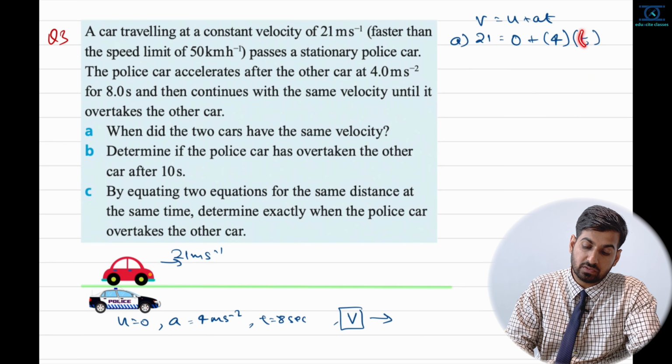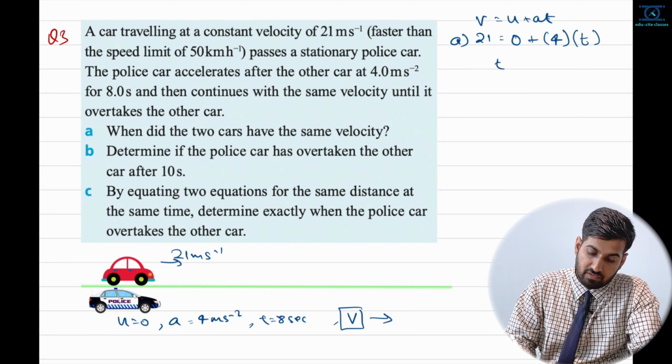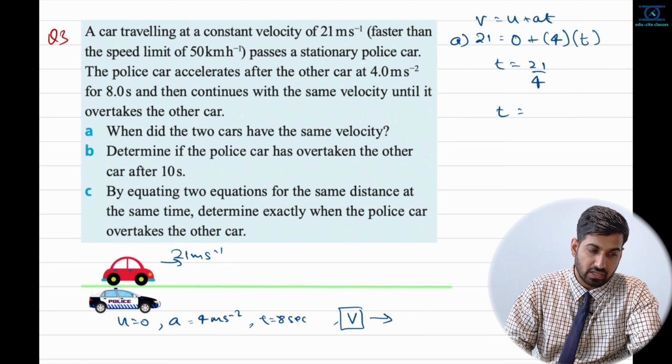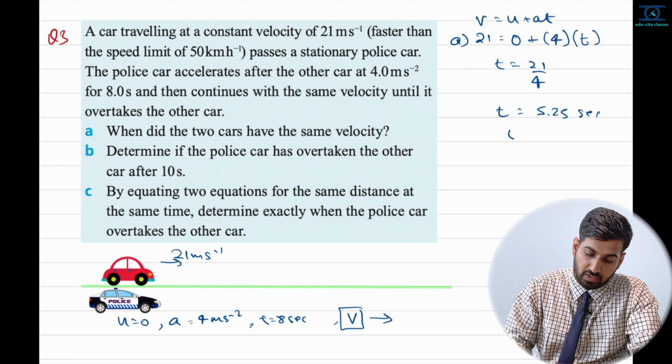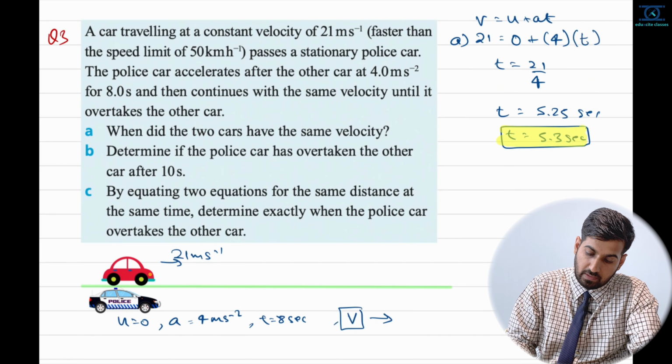So I assume a time t which should be less than 8. So let us check. t will be 21 by 4, which equals, you can use your calculator, 5.25 seconds, rounding off to 2 sf, it will be 5.3 seconds. Okay, so this is your answer for the A part.